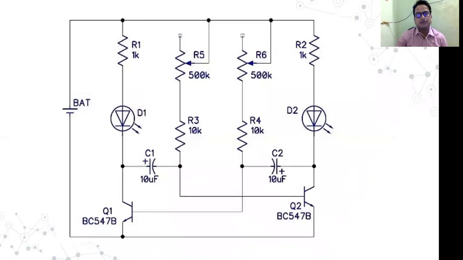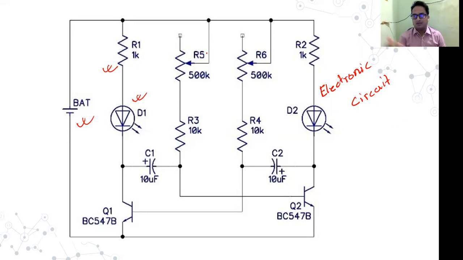Here in this figure you can see an electronic circuit. You can see different transistors, batteries, resistors. Oh sorry, this is a resistor, this is your transistor.